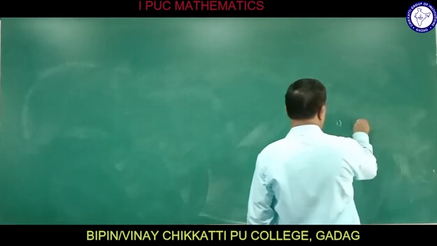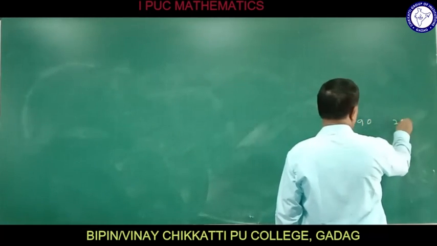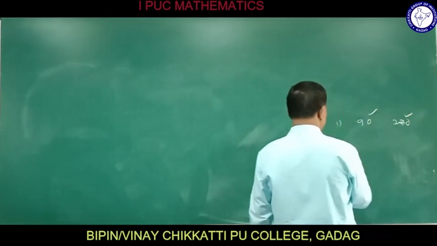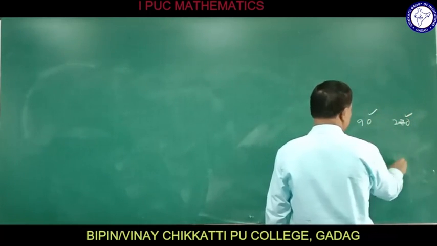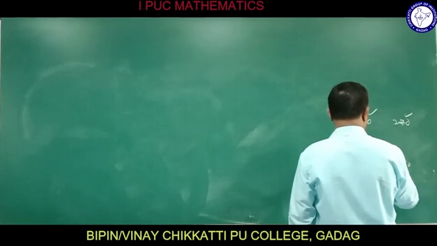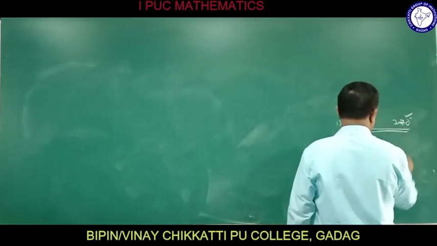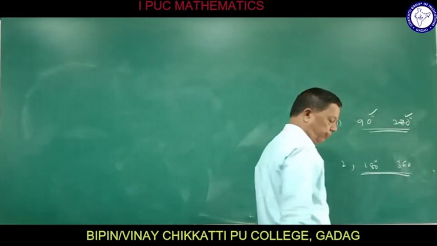One, 90 and 270, you know these are two allied angles, and 180, 360 are also allied angles.